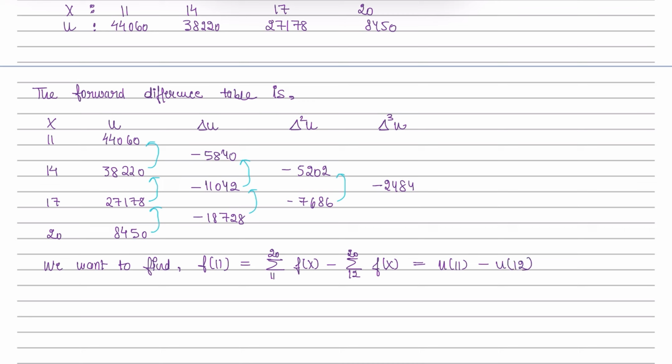U of 11 is already known in this table, but the value of u12 is unknown. Therefore, to find the value of u12, we take the value of x0 as 11, and the corresponding u0 value will be 44060, which is here.